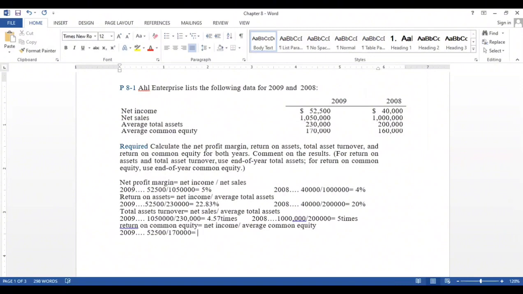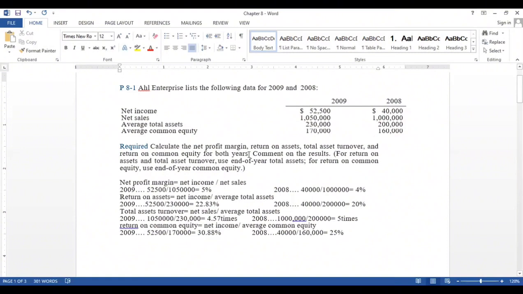So our return on common equity for 2009 becomes 30.88%. And for 2008, our net income is 40,000 divided by average common equity, which is 1 lakh and 60,000. So our return on common equity for 2008 becomes 25%.